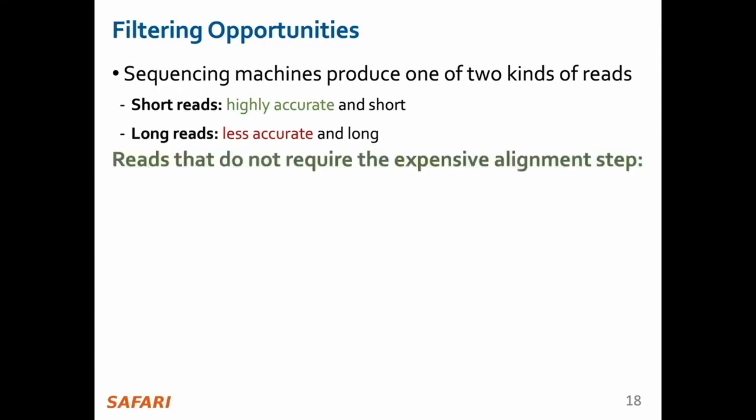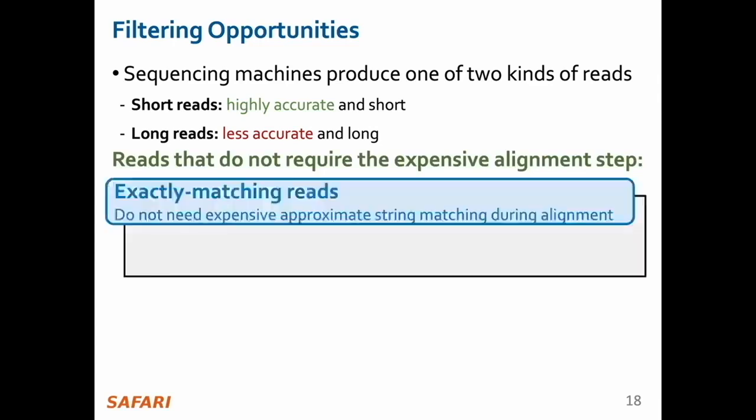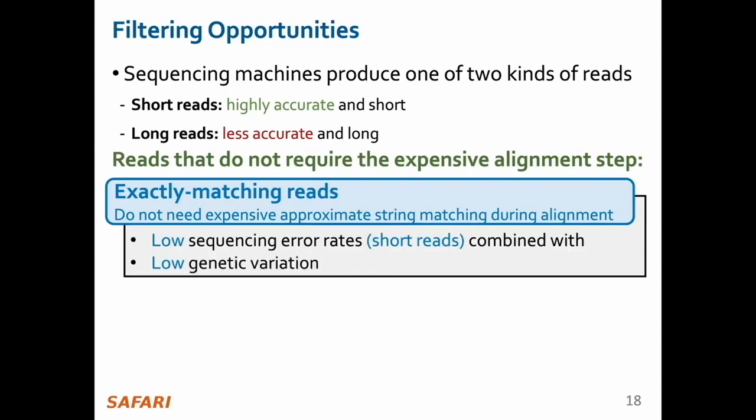Reads that do not require the expensive alignment step are good candidates for storage filtering, which we leverage in this work. These are exactly matching reads that do not require expensive approximate string matching during alignment, and that frequently occurs with short reads that have low sequencing error rates and also have low genetic variation.